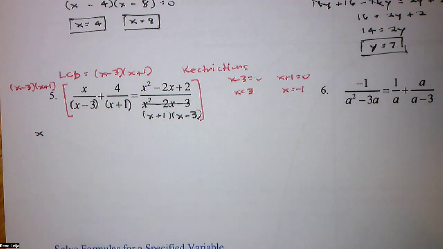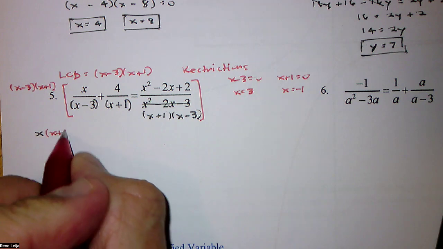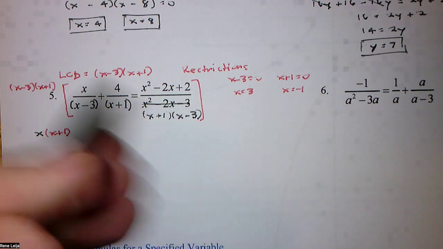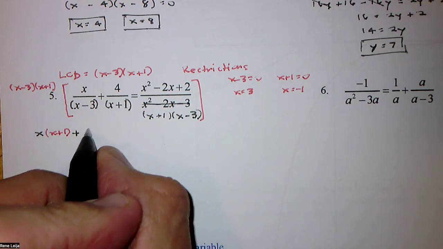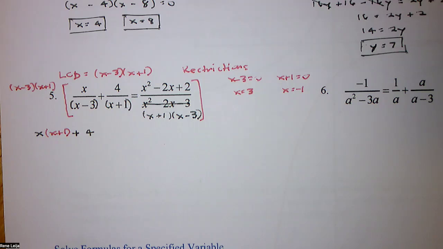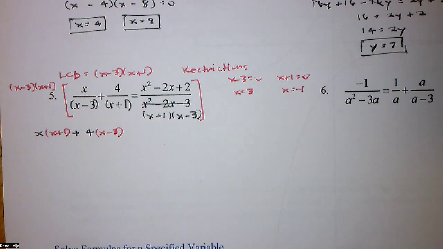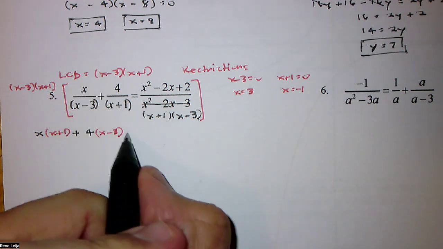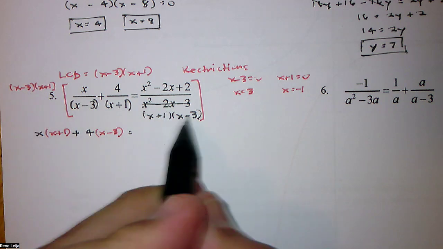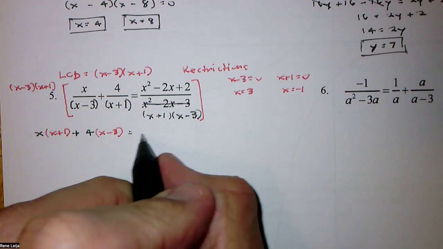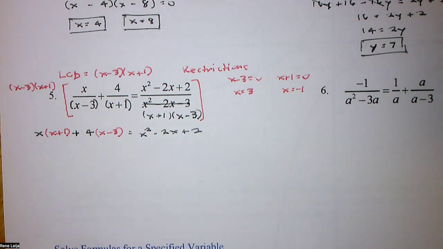So I have x times what's left, the x plus 1, plus this term, the x plus 1's get knocked out. So we're left with 4 times x minus 3 equals, and then for the last term, both of these binomials get knocked out. So we're left with x squared minus 2x plus 2.